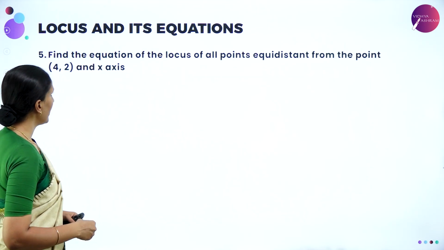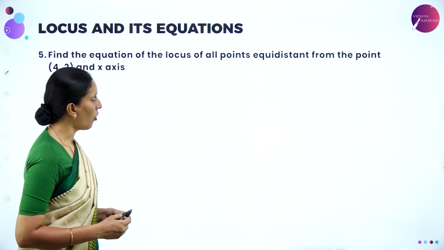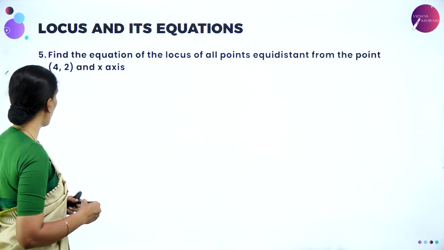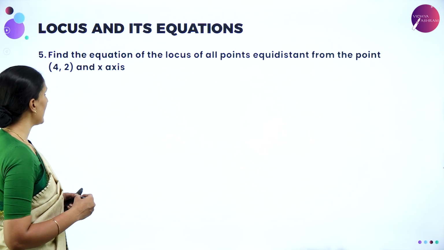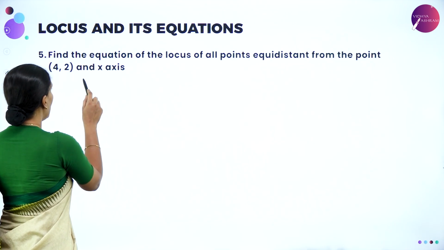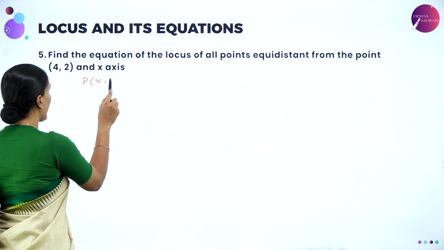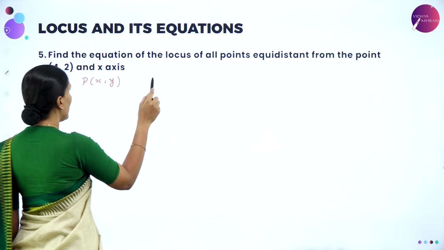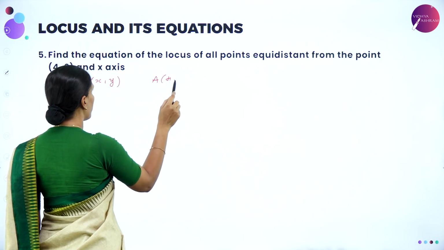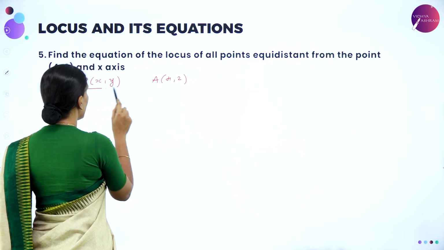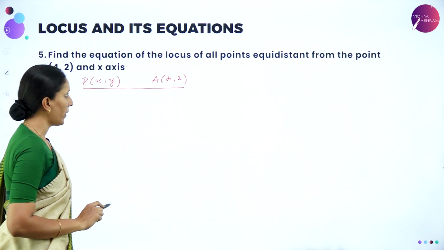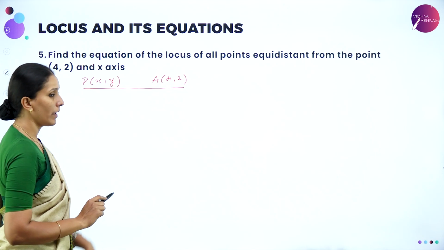Next question. Find the equation of locus of all the points equidistant from the point 4, 2 and the x-axis. So now let P x, y be the given point and let this be A 4, 2. So the distance from P to A is equal to the distance from the x-axis.